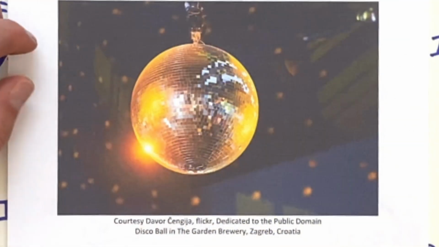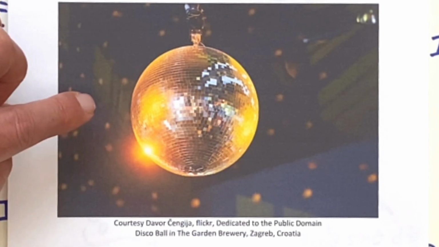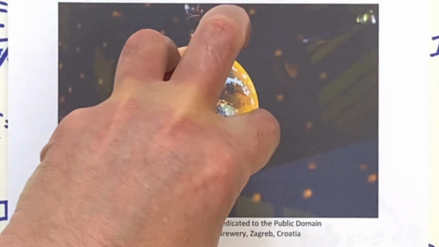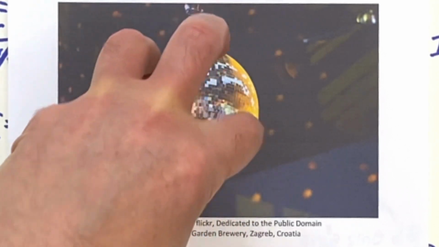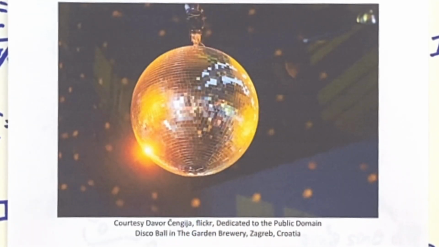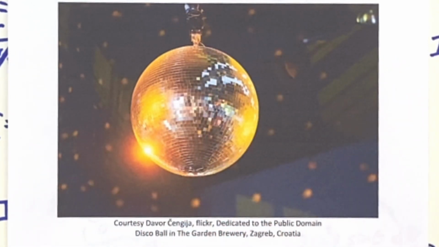And in this picture here in Croatia, excellent picture there, dedicated to the public domain, of a ball, and we're approximating this as a hollow ball that's hanging here, a disco ball, since the decoration's on the outside. That's the main thing, with the lights hitting it.